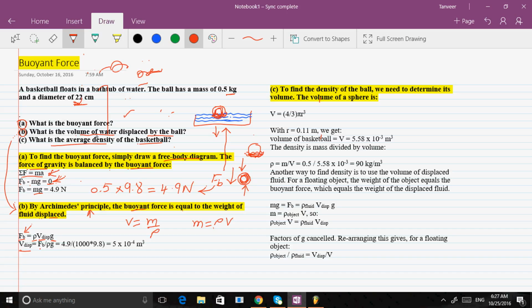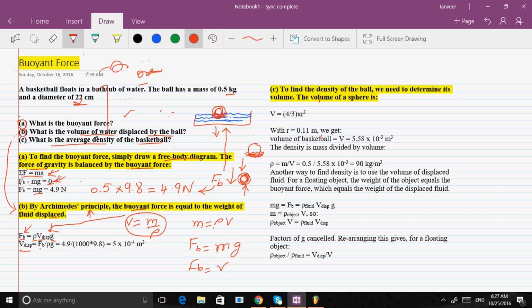By applying this into the equation, we have the buoyant force formula from Newton's second law, mass times gravity, and we substitute the value of the mass.